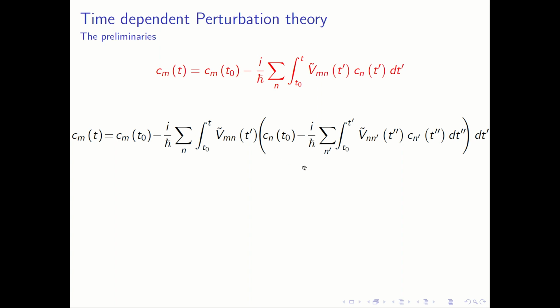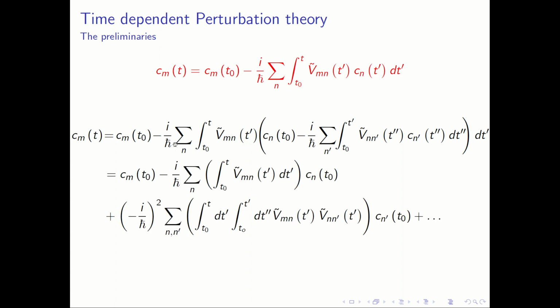So all I have done is I have just taken this expression which works for all the C_m's, and I have written down this expression for C_n(t') and plugged that in place of this. So if I open this out a bit, I get C_m(t0), minus one term which has only one Ṽ, another term which has two Ṽs but has the unknown C_n' stuck in here.